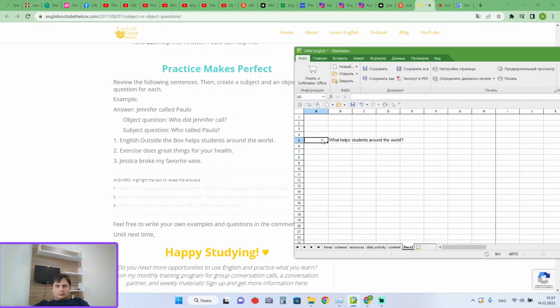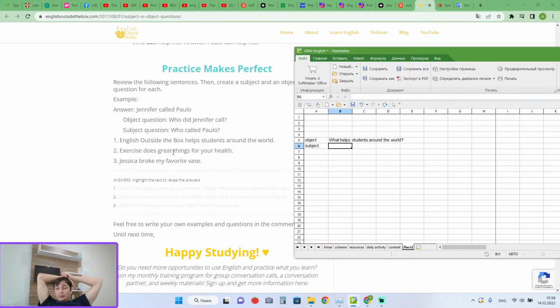It's an object. Subject. Helps. Okay. And where is the object? The subject is English outside the box.